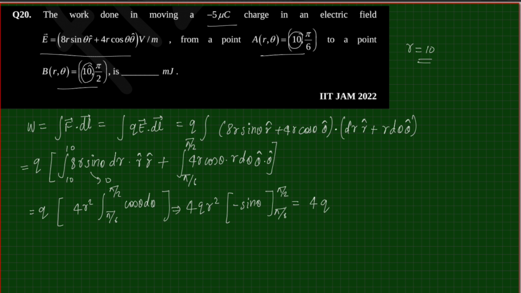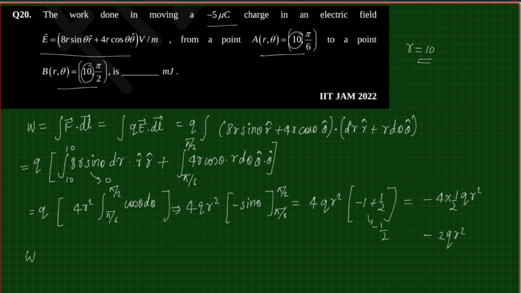It will be 4q r squared times (1 minus 1 by 2), which is minus 4 multiplied by 1 by 2 times q r squared. So this will become minus 2q r squared.